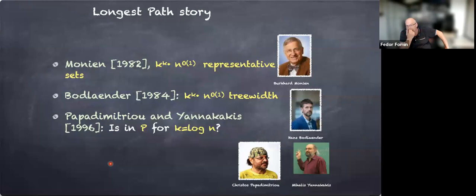And then in 1996, in a very influential paper, Christos Papadimitriou and Mihalis Yannakakis actually asked this question. The essence of the question was if it's possible to find a path of length k in a graph in polynomial time when k is at most logarithm of n. And of course, if I give you an algorithm of running time c to the k, where c is some constant, this will immediately answer this question as yes.